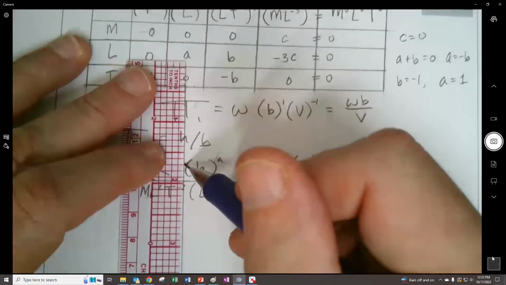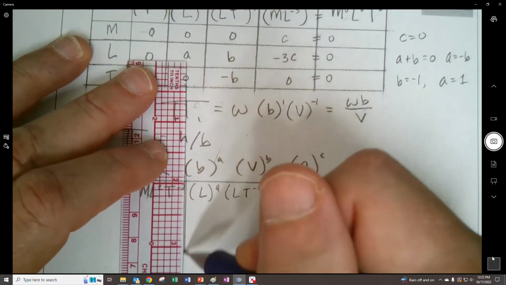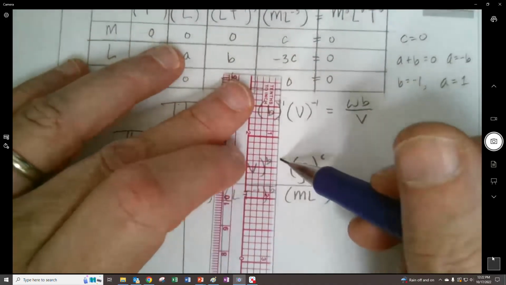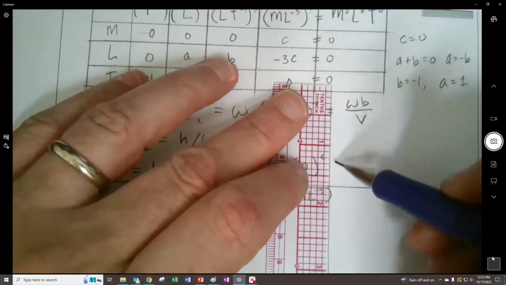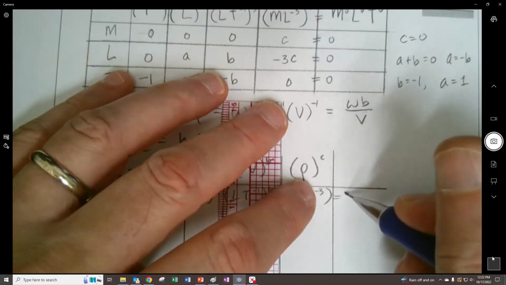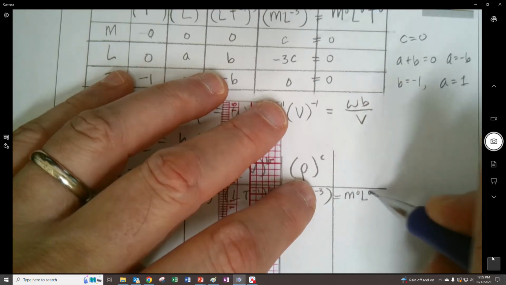Let's see if we could do something here with my columns. Guesstimate the lengths I have to go to. It's going to be equal to M0, L0, T0.